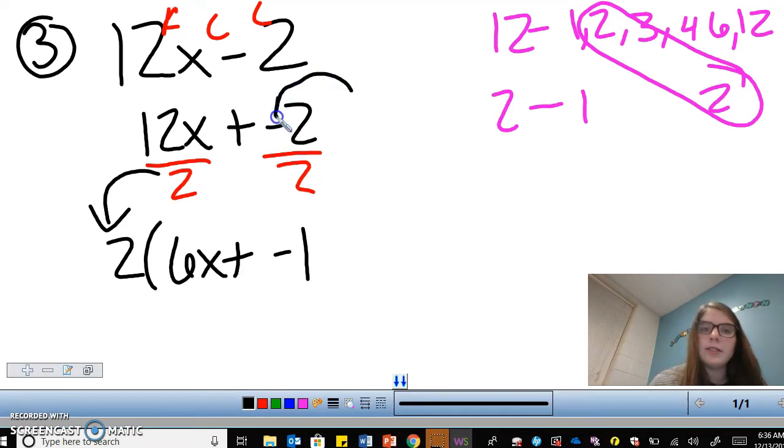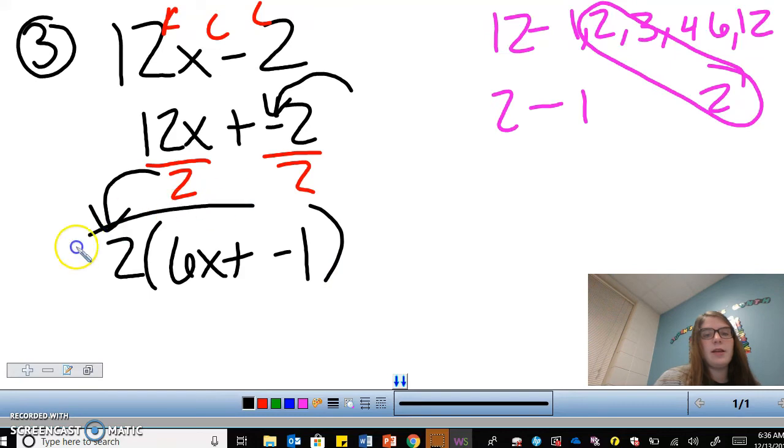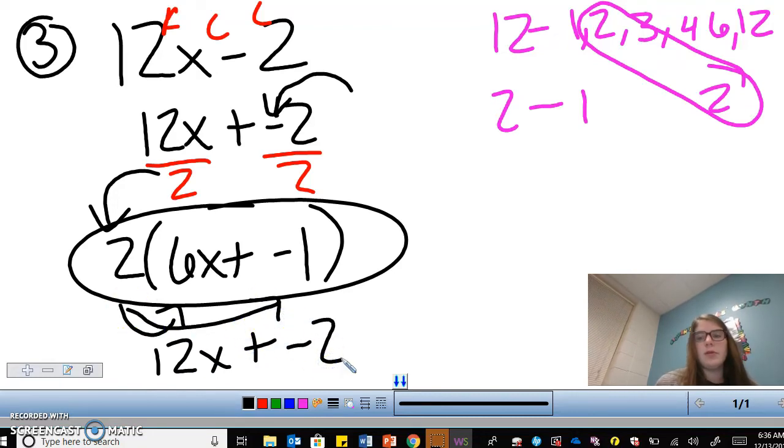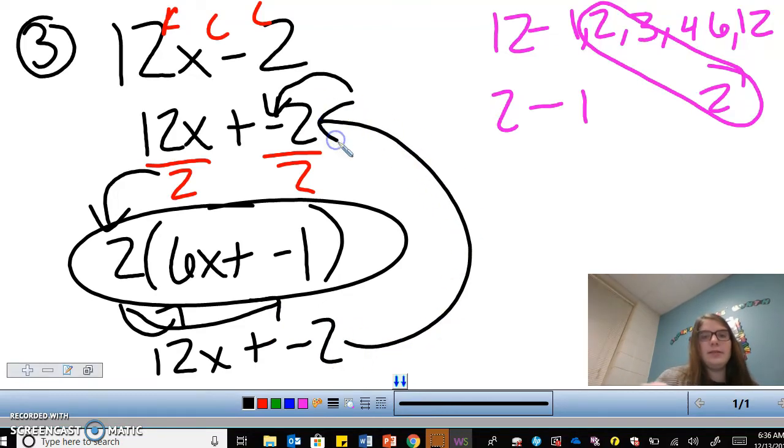If you notice, this is negative. All right, and that would be our final answer. To check it, I'm going to circle it, and then to check it, I'm going to multiply, so I'll have 12x plus negative 2. We got it.